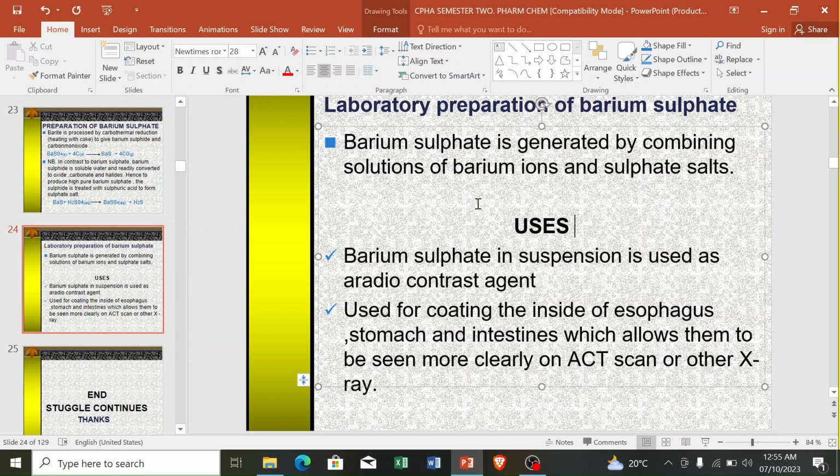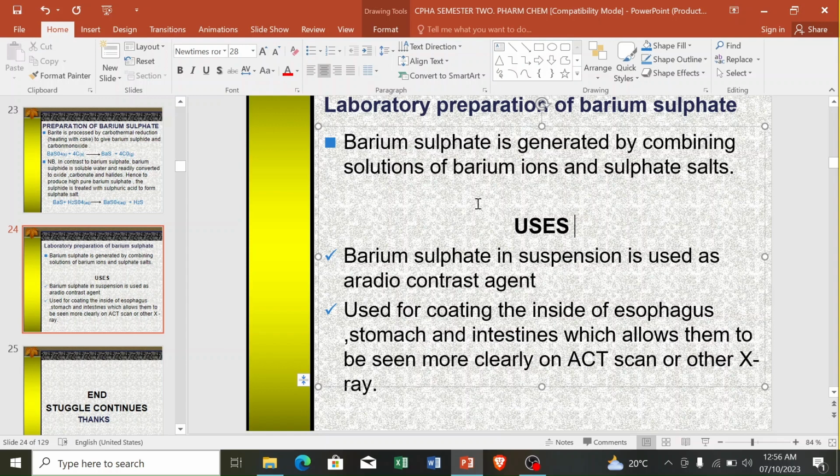What we have learned about barium is its sources, how it exists in nature, and its compounds, basically two: barium sulfate and barium carbonate. In the field of medicine, our main aim is barium sulfate, while barium carbonate may be used for other functions.